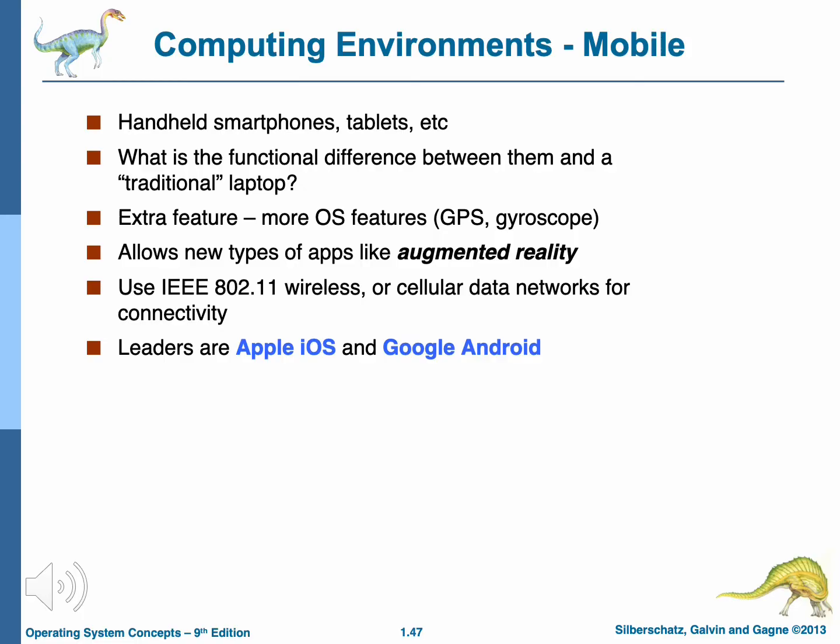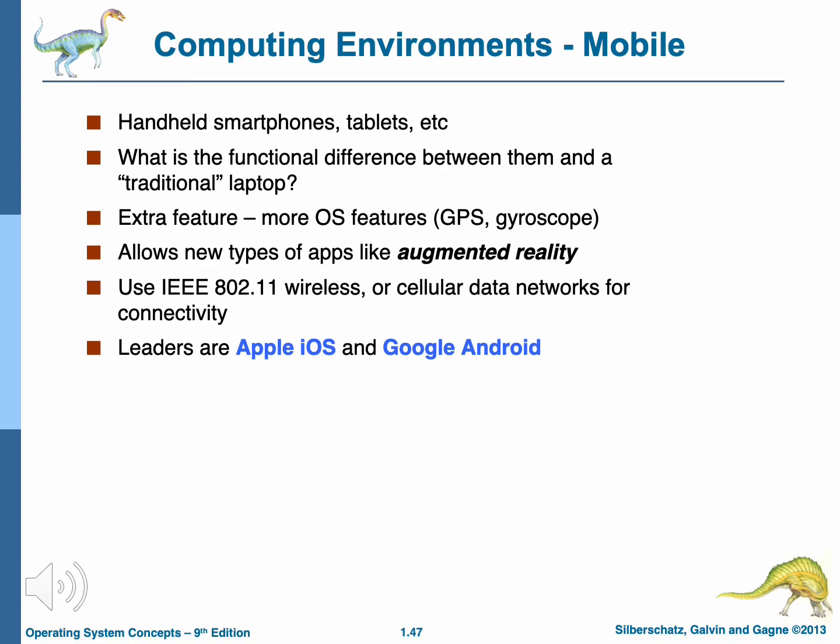Perhaps a more practical use of these features is found in augmented reality applications, which overlay information on a display of the current environment. It is difficult to imagine how equivalent applications could be developed on traditional laptop or desktop computer systems.